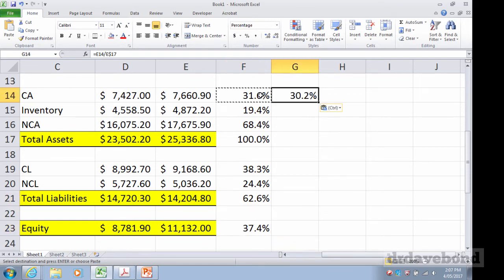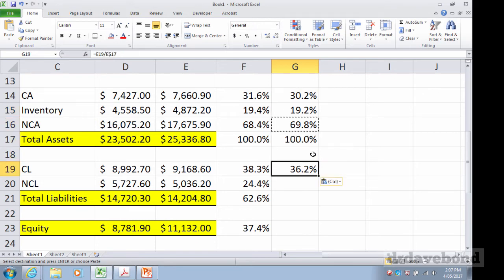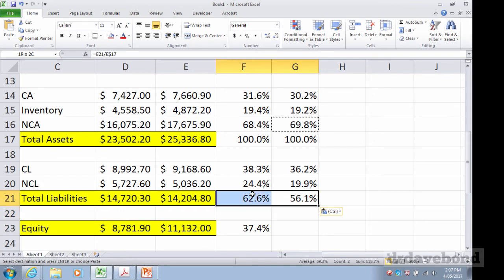We then roll that across. Current assets have gone up slightly as a mix. Inventory's gone up slightly. Non-current assets have gone up. Total liabilities have gone from 56% to nearly 63%. So the amount of leverage has gone up substantially here.